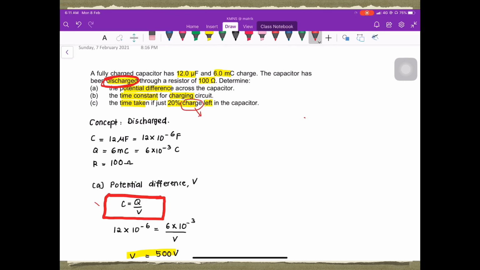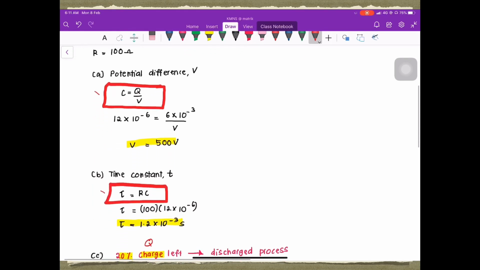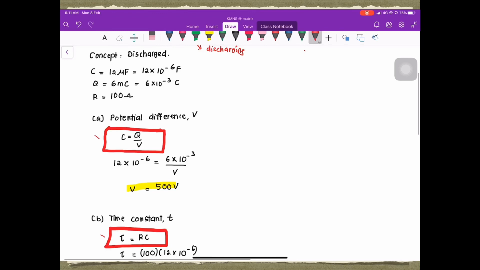So we need to use this discharging equation. The solution: concept, discharge, and then the information given: capacitance, charge in millicoulomb, resistance.